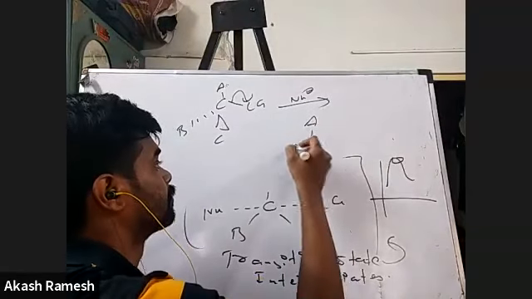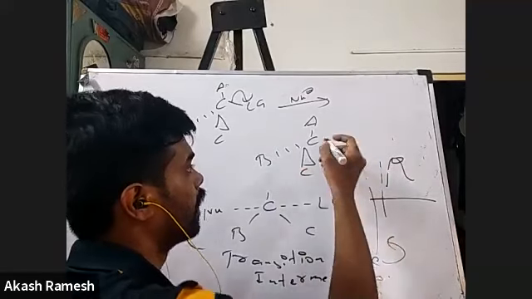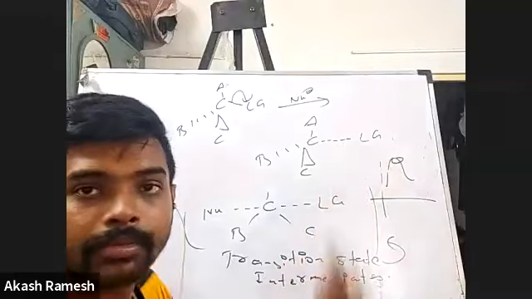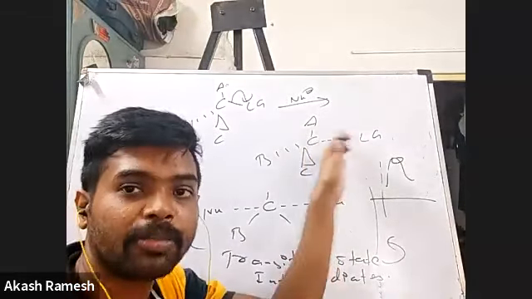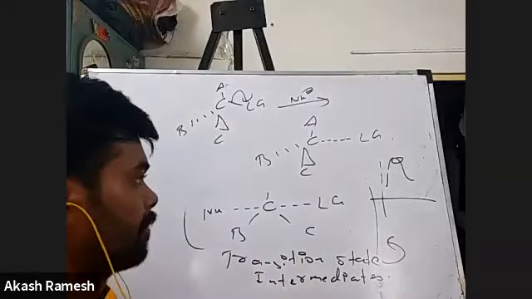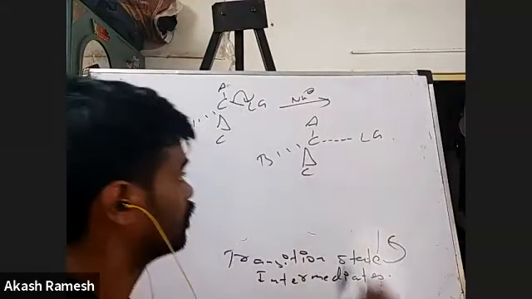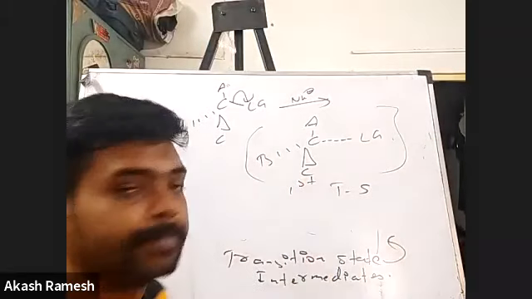A, B, C, and if I put a dotted line indicating that the leaving group is leaving, the bond is breaking. So now this is my first transition state.